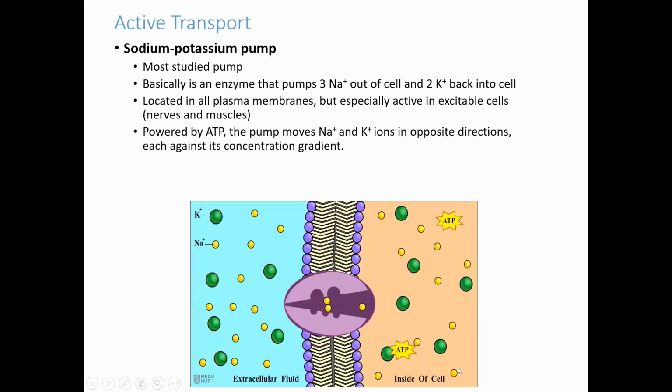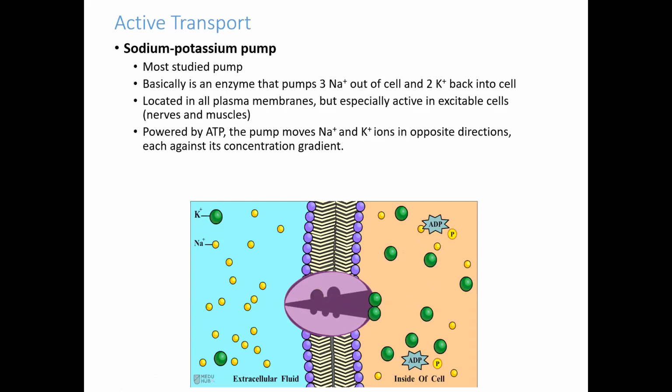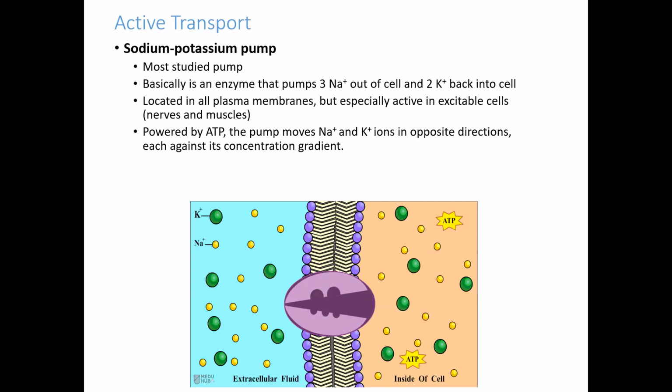So here's the pump. Now there are some important factoids here you need to remember. I don't know why, you just do. For testing purposes, you need to remember this. I've never had a situation where anybody's come up to me and asked me about how many sodiums get pumped out each time from the pump, but the answer is 3.